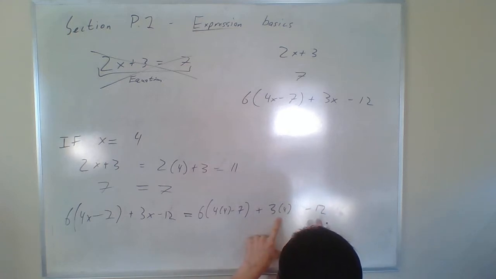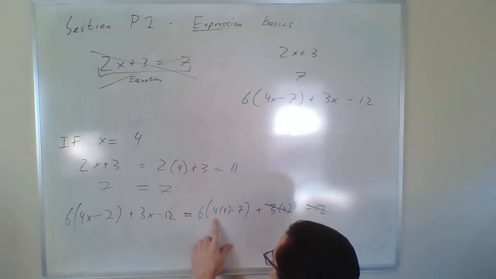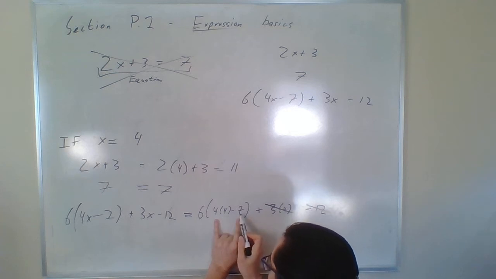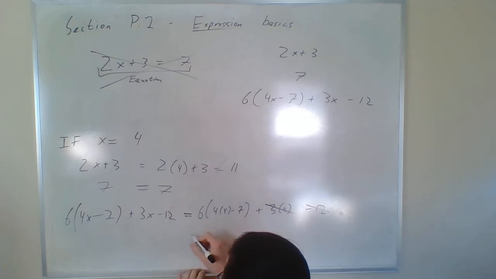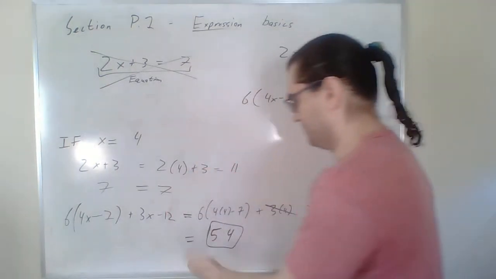So this will be 12, and this will be positive 12, that's negative 12, those things cancel. I'm going to do the inside parentheses first. This is 16 minus 7, which is 9. 9 times 6 should be 54.